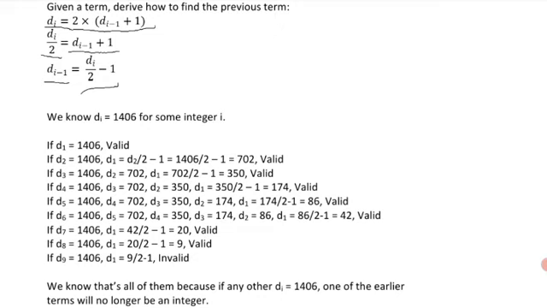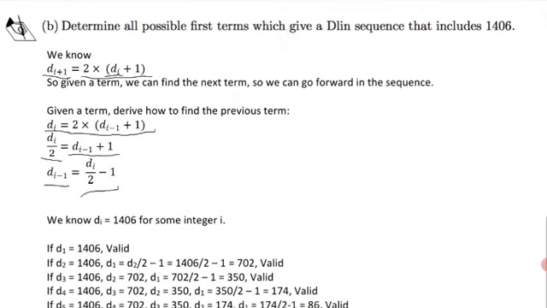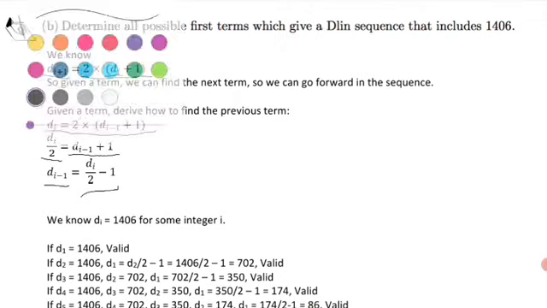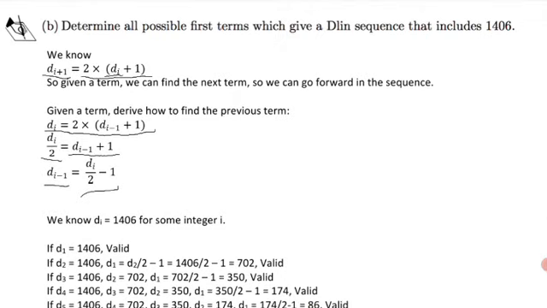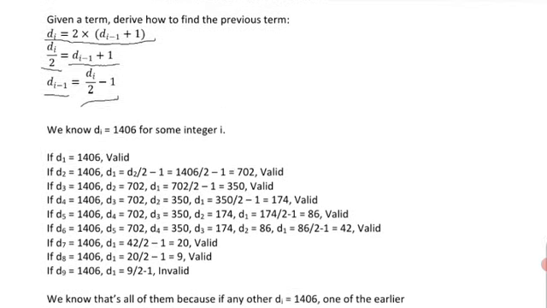Now let's use this to solve for what the question is asking us. The question tells us that there is a term in the sequence which is 1406. So we need to find how many such sequences there are that include this term. Let's see what happens if we set some terms to be 1406.